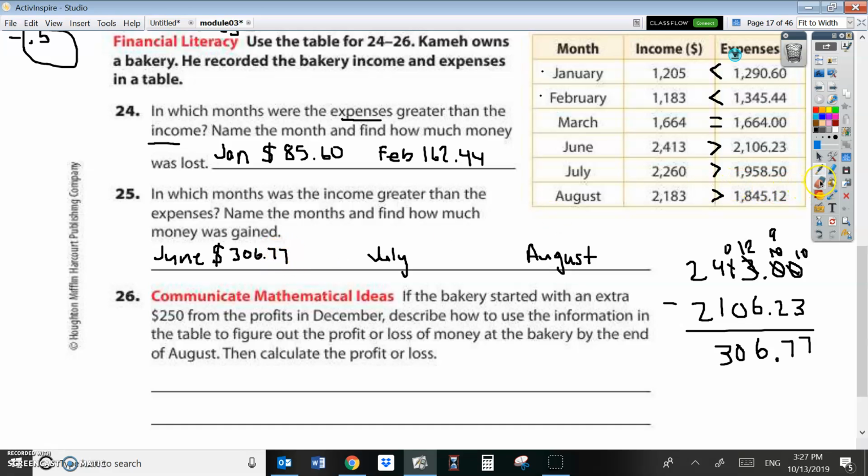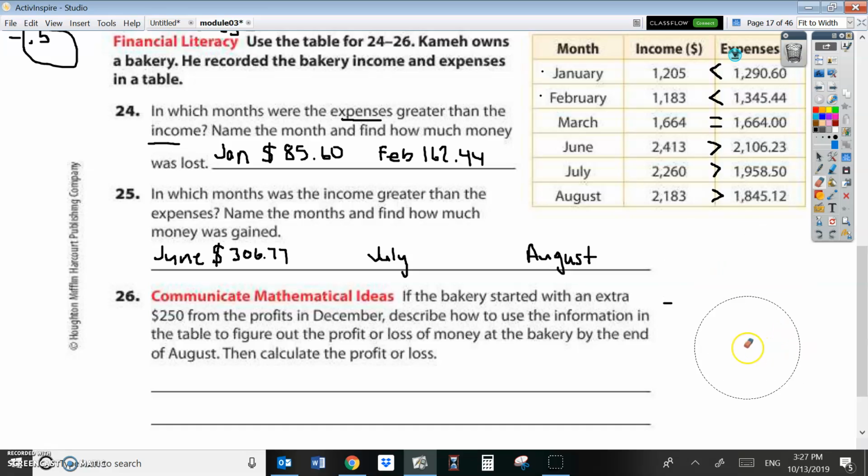Okay, now let's check July. $2,260 minus 1,958.50. Put in some zeros up here.